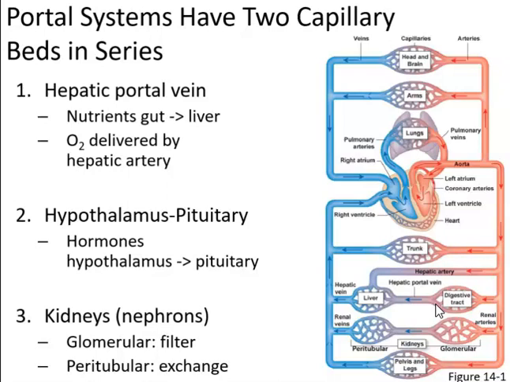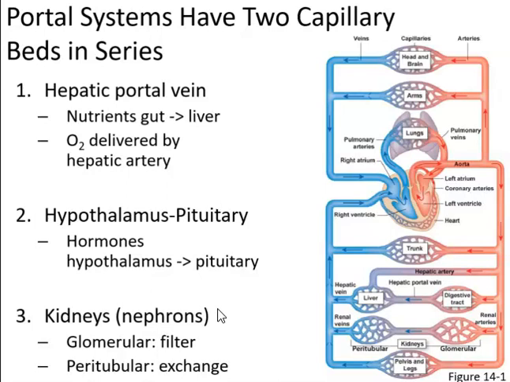Another example of a portal system are the kidneys, specifically the nephrons within the kidneys. The nephrons being the structural functional unit of the kidney, which we'll learn about when we get into renal physiology. So the first set of capillaries, we have the glomerular capillaries.